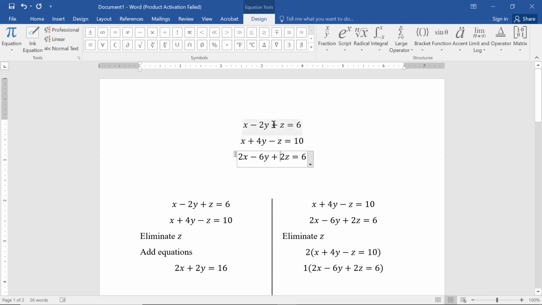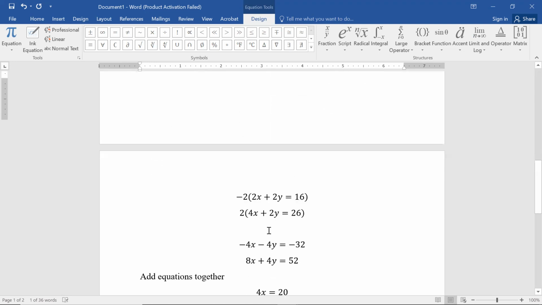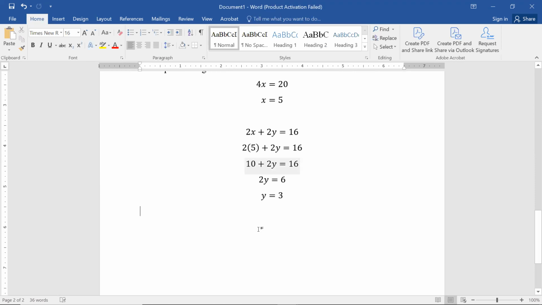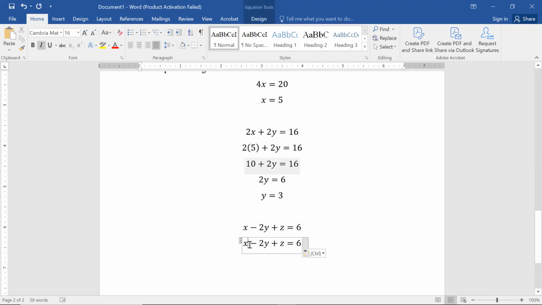I'll use equation 1, which says x minus 2y plus z equals 6. Now that I know x is 5, I replace the x with a 5. I know that y is 3. I replace the y with a 3. And this gives me an equation I can solve for z.